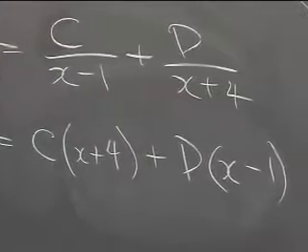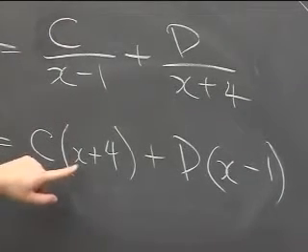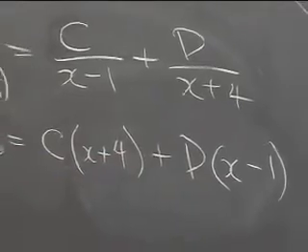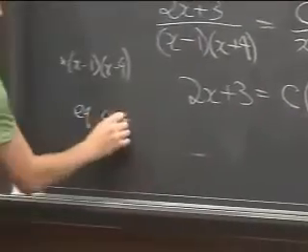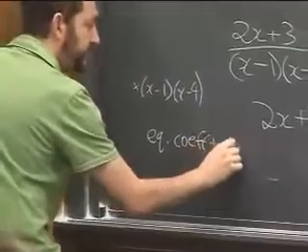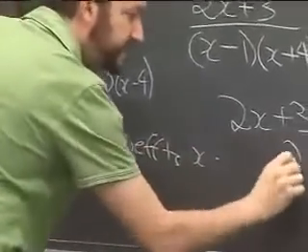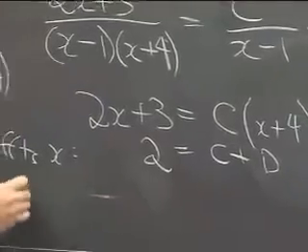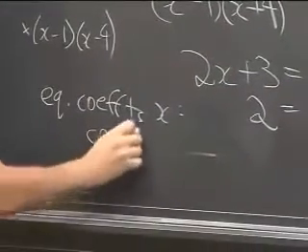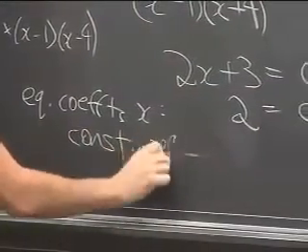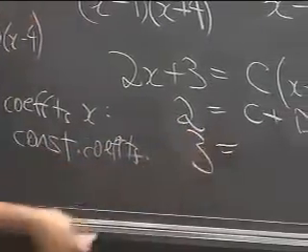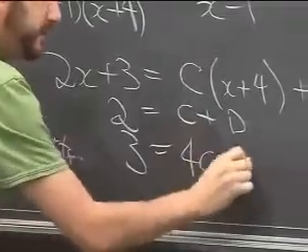So in this simple case, equate coefficients of x, and you will find that 2 has to be c plus d. If you equate the constant coefficients, you'll see that 3 has to be equal to 4c minus d.